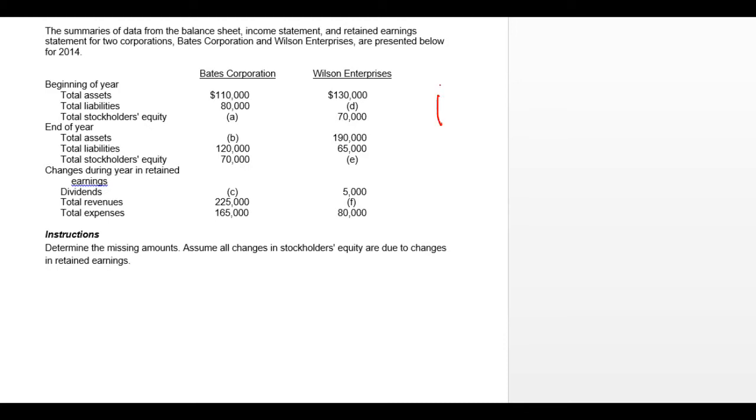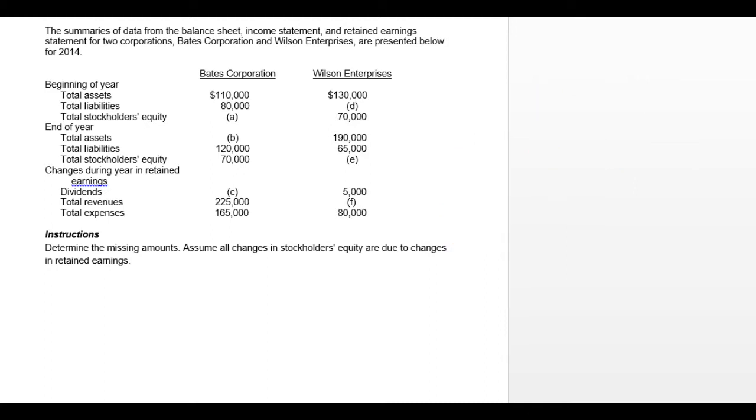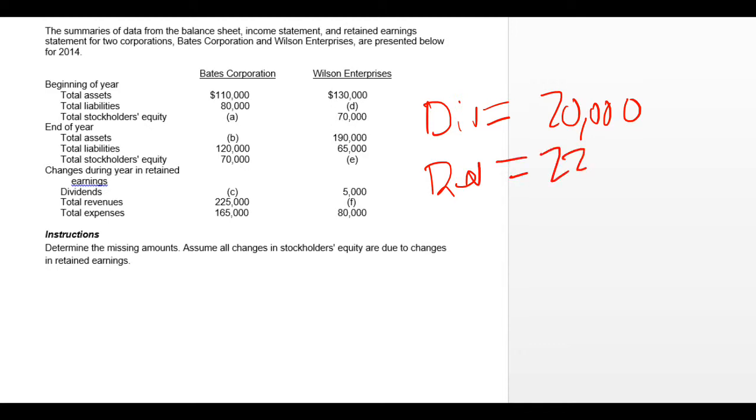If we just said that dividends are equal to 20,000, my revenues are equal to 225, and my expenses are equal to 165.